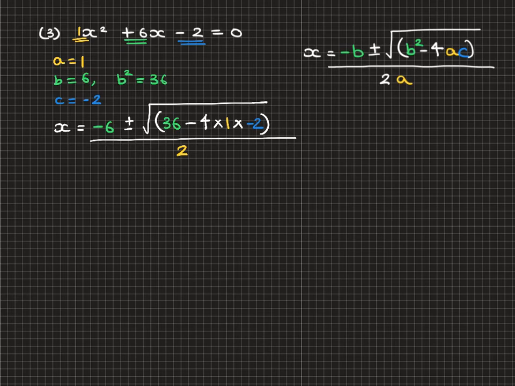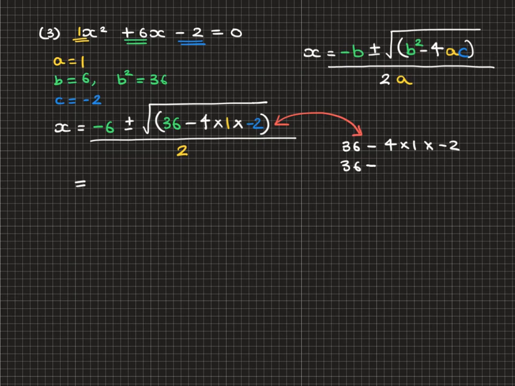Now, the bit where people quite often make mistakes is when they're evaluating this part here underneath the square root sign. Now, if you input this directly into your calculator, the part in the bracket, you will of course just get the correct answer as long as you're careful and input exactly what you can see here. If we work it out without a calculator, we're doing this calculation here, which is 36, and then there are lots of different ways of thinking about this.